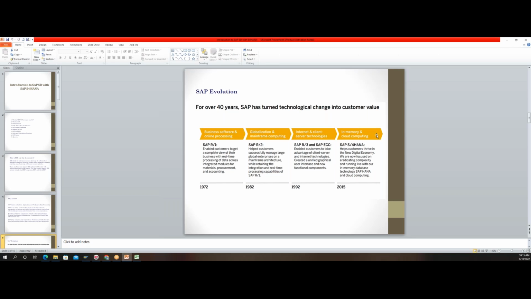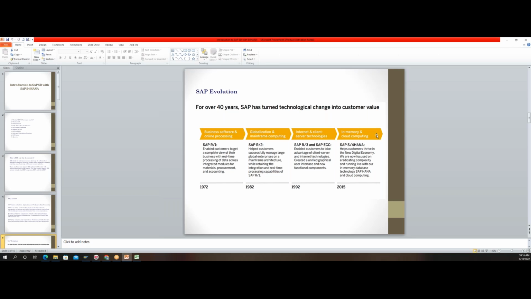R3 and ECC are what is now used by clients across the world. These are the products being used across the world. Then in 2015, we see something called S4 HANA. S4 HANA is a product introduced by SAP. So what is this S4 HANA?